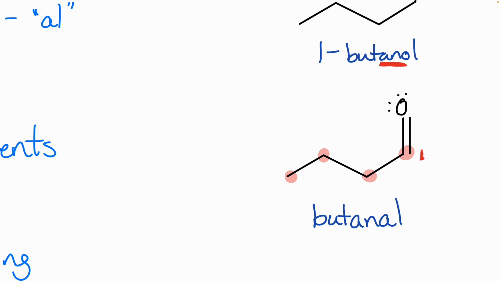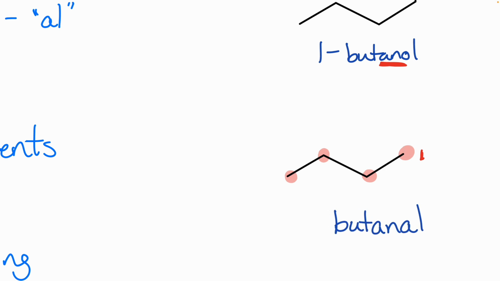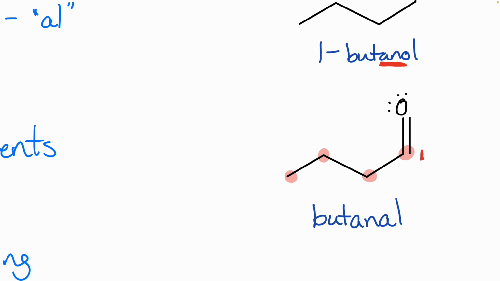Okay? Now, what if I were to pick up this carbonyl bond and move it over to the other end? Now what am I going to call carbon 1? I'm just going to call the other one carbon 1. All right? And what if I take this carbonyl group and move it anywhere else in my molecule? Is it still an aldehyde?